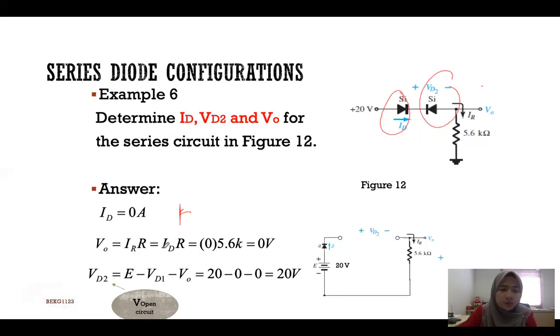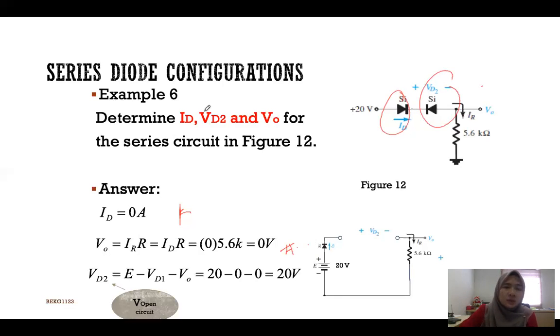For V naught over here, V naught is the same as V across R, so it is IR multiplied with R. IR is the same as ID. ID is 0, so 0 multiplied with R, you will get V naught equals 0.